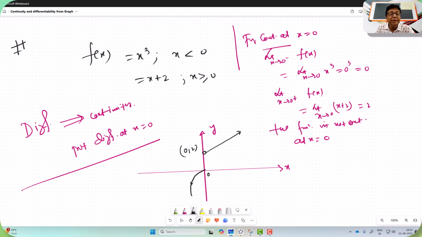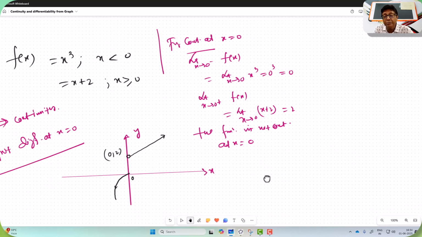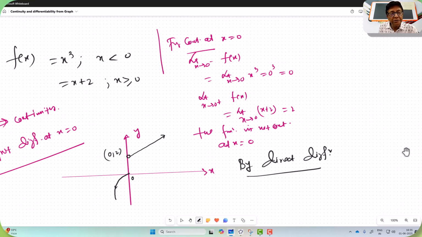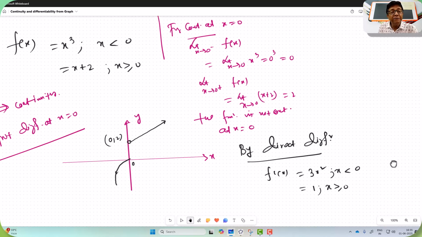Now what is happening if we go for differentiability directly, not by knowing the continuity of this function? If we go by direct differentiation, f dash x is 3x square for x less than 0 and it is 1 for x greater than or equal to 0. So if you write the value of L f dash 0, what is that? L f dash 0, you put x equal to 0 over there, 3 into 0 square, that is 0.